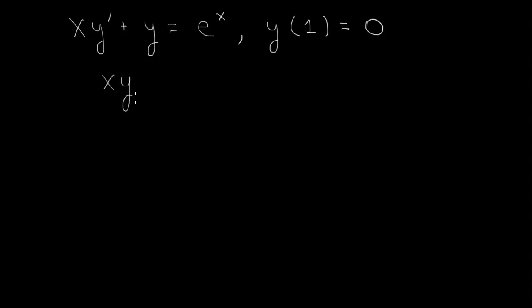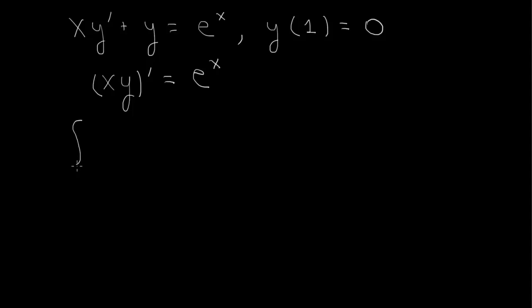So we can just write the left-hand side as the derivative of a function xy, and that's equal to e to the x. So if you have the derivative on one side of the equation, you can just integrate.